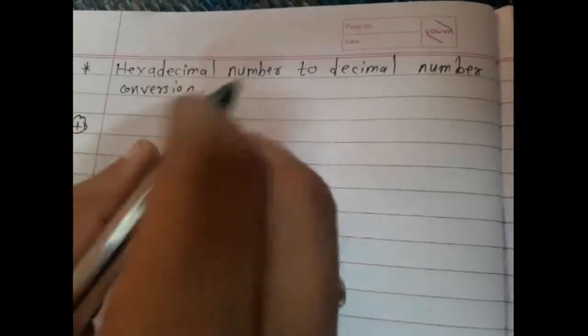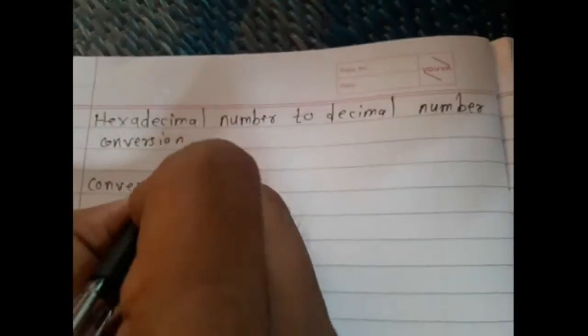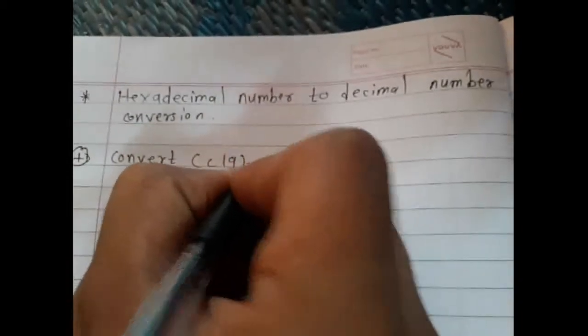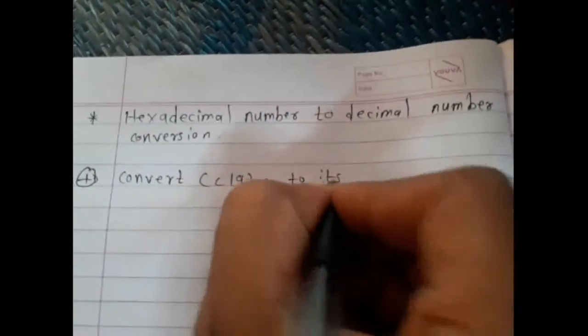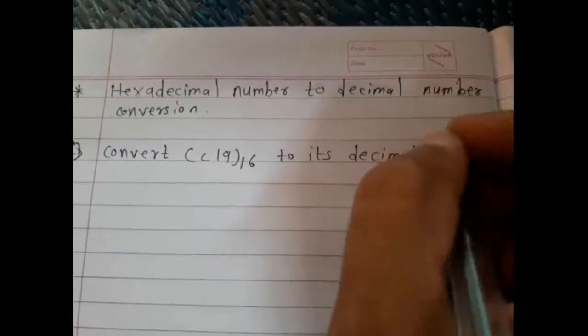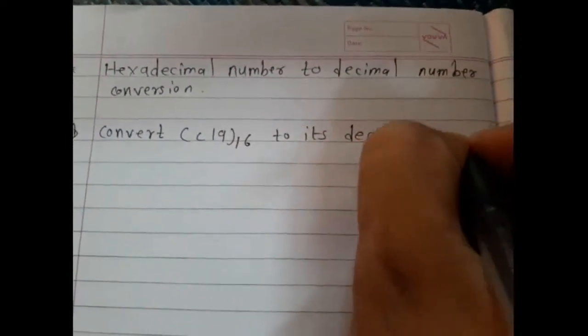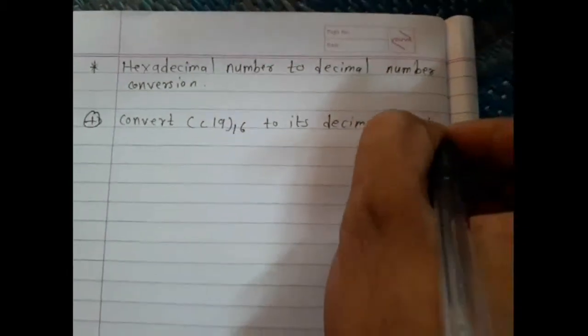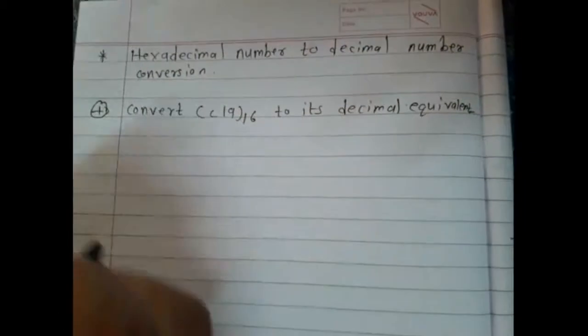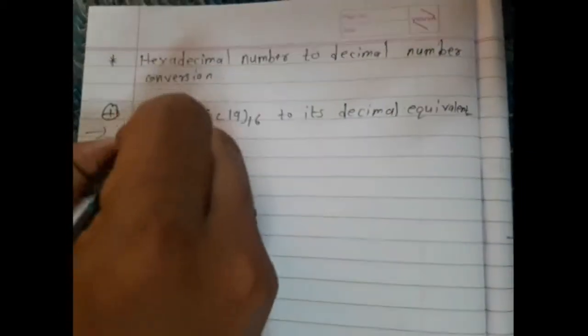Now see students, hexadecimal number to decimal number conversion. Now we will see an example. Suppose convert C19 base 16 to its decimal equivalent. Now see solution.